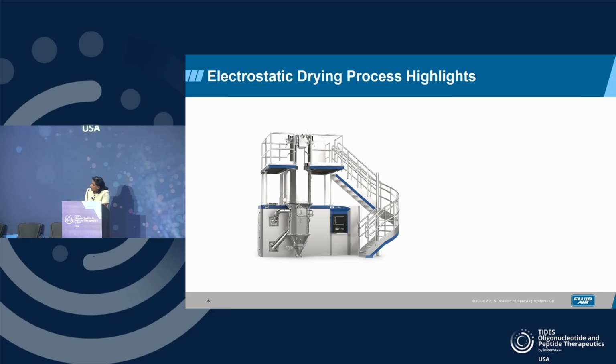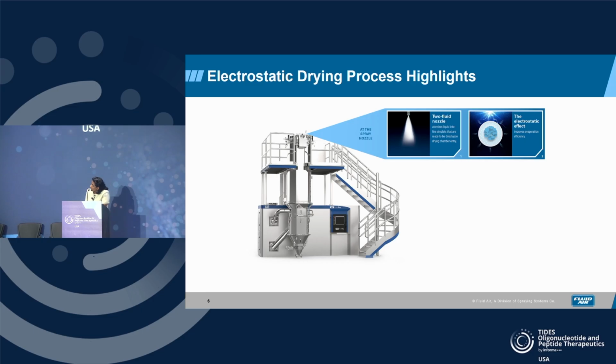So very quickly, if you're not familiar with the spray drying process, what you see there is a production scale machine of electrostatic drying. The liquid feedstock is introduced at the top via a two-fluid nozzle. The liquid feedstock is atomized into fine droplets. At that point is also where the electrostatics is introduced.